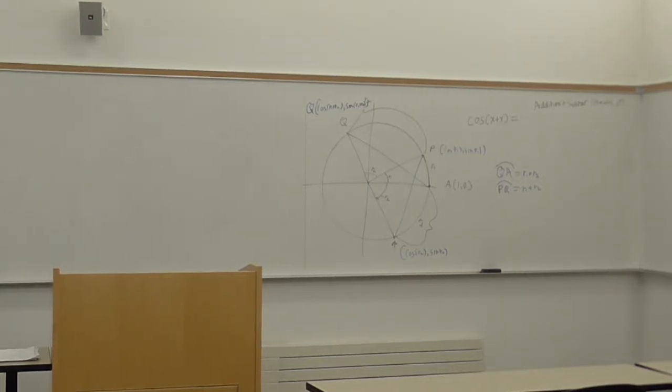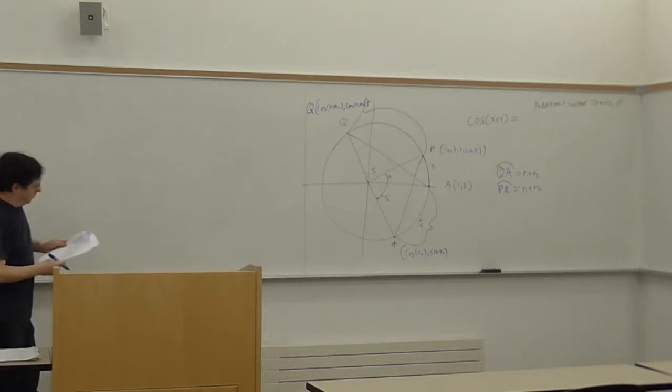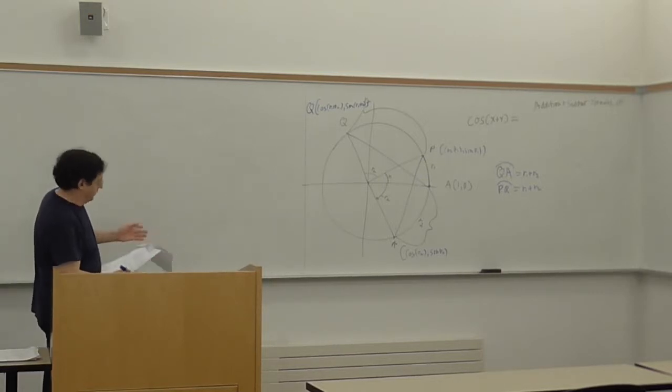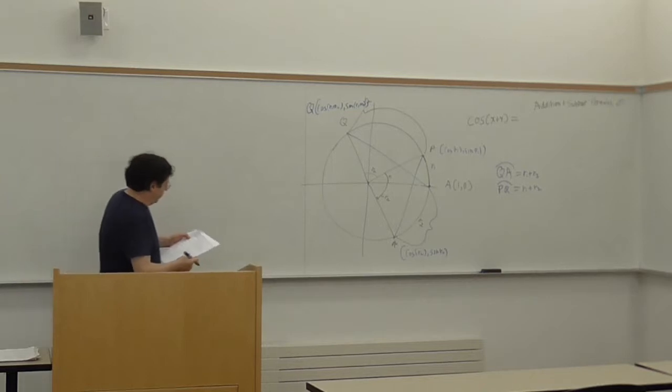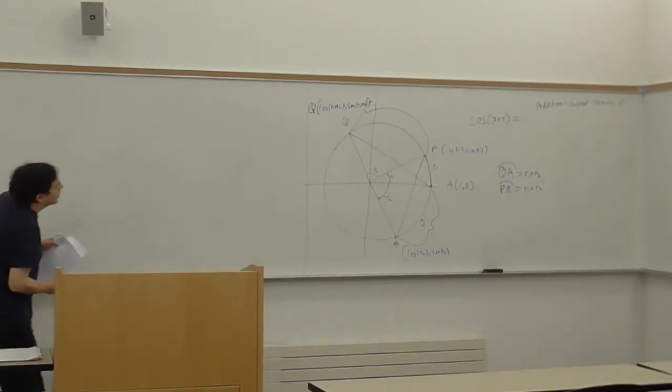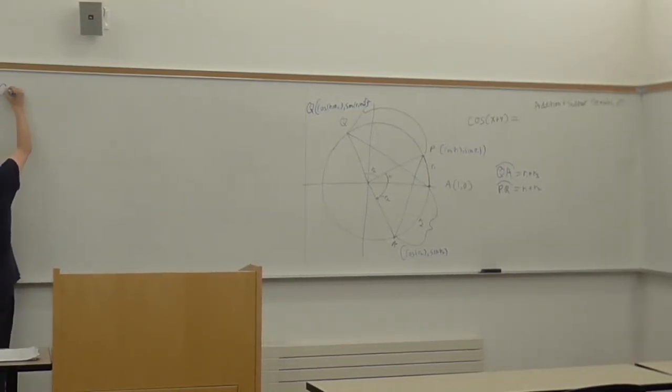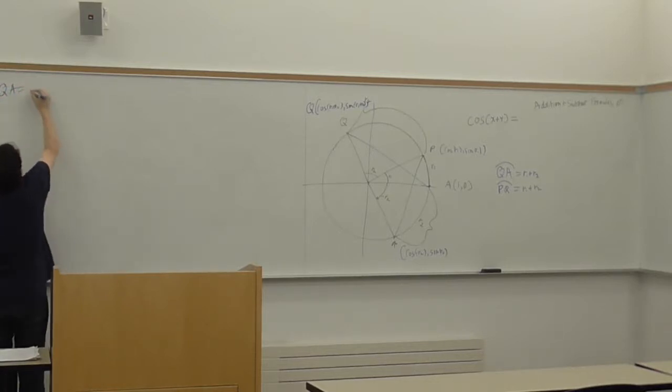Well, remember, for points x1, y1 and x2, y2, the distance is the square root of x1 minus x2 squared plus y1 minus y2 squared. Right? So let's get that going. First, QA, we're going to equate QA to PR.